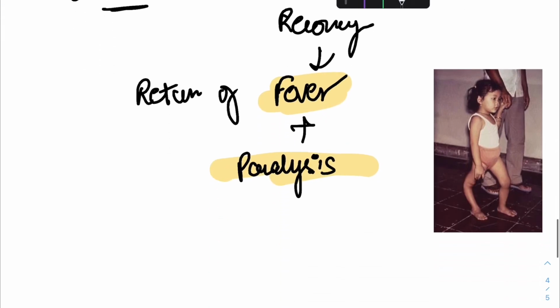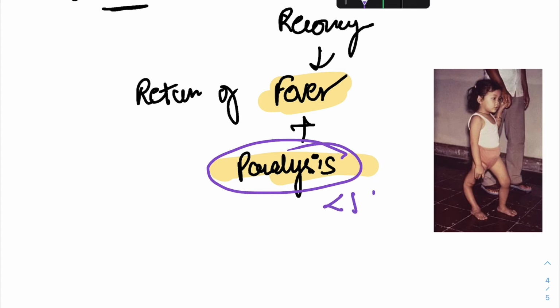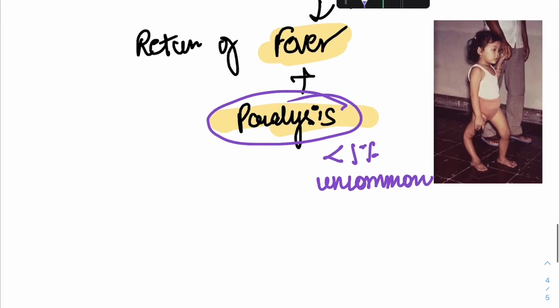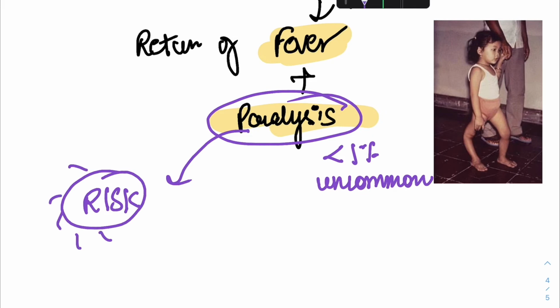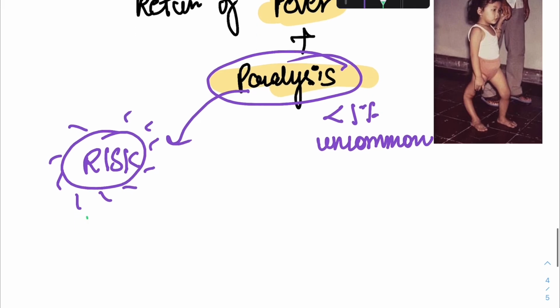Now, I just said that this paralysis which occurs, it is in less than 1% of the population. It is very uncommon to get this paralysis. So who are the people who are at risk of developing paralysis? So the people who are at risk of developing this paralysis are the adults or the older children who get this virus.